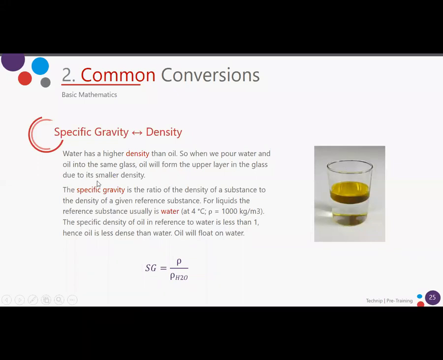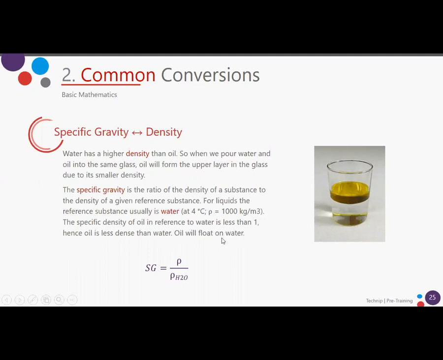The specific gravity is the ratio of the density of a substance to the density of a given reference substance. For liquids, the reference substance usually is water at 4 degrees, with a density of 1,000 kilograms per cubic meter. The specific gravity of oil in reference to water is less than 1. Hence, oil is less dense than water and oil will float on water.